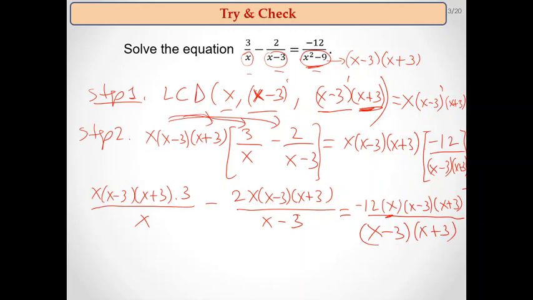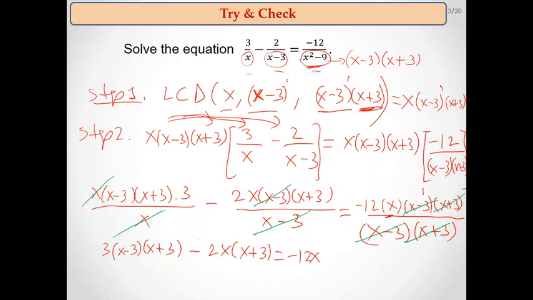Then we have this cancellation here, and this one here, and this cancellation here. And we end up with 3 times x minus 3 times x plus 3 is equal to minus 2 times x plus 3. This makes negative 12x times, okay, these are all 1 here, so we don't put them.